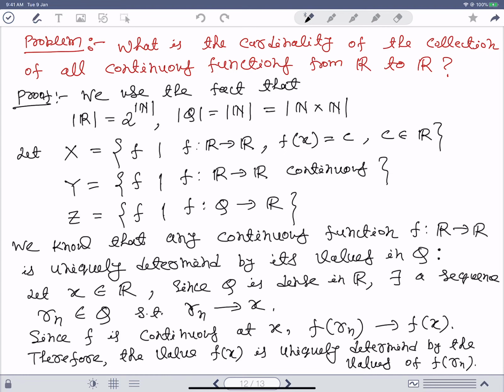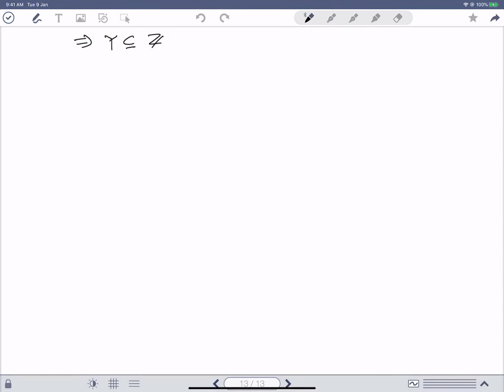Z is the set of all functions from Q to R. That means we have Y subset of Z, right? So Z is any function from Q to R, and Y is a collection of functions which can be obtained from some functions from Q to R. So Y is a subset of Z.